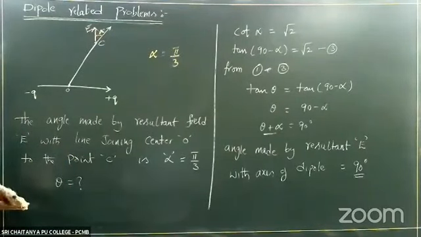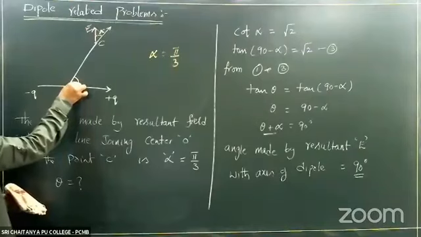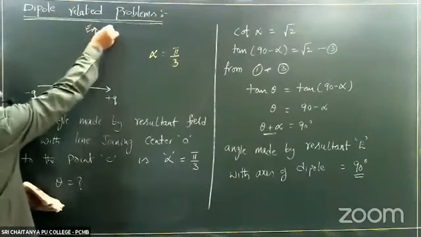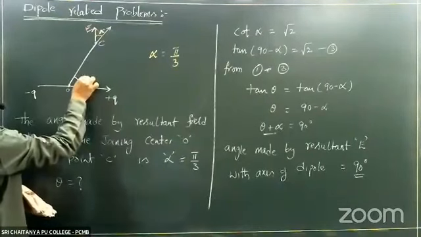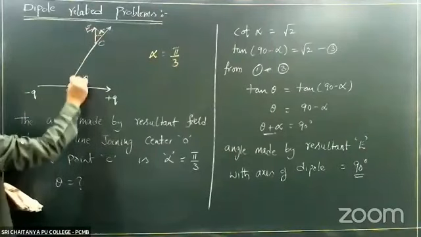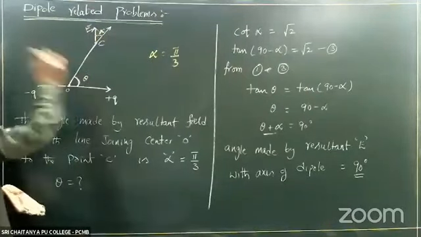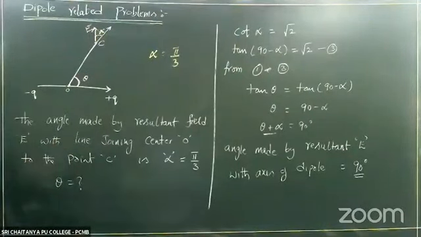That is the angle made by the line joining O and C with the axis, right? What is that theta? You have a relation.